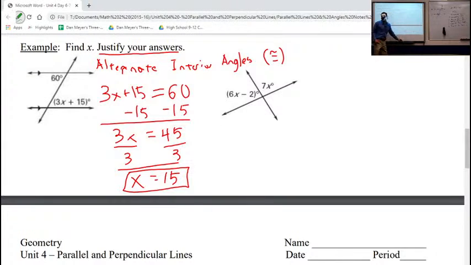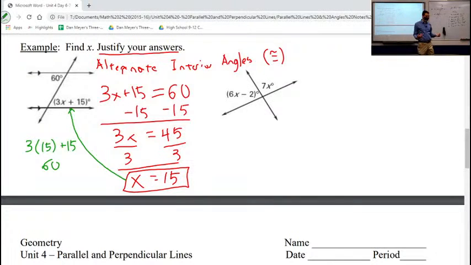And as usual, if we want to check our answer, we can plug it back in. So 3 times x, which we said was 15, plus 15. 15, 30, 45, and another 15 is going to be 60. Hey, look at that. It matches the 60 over here. Just like our equation says it should.